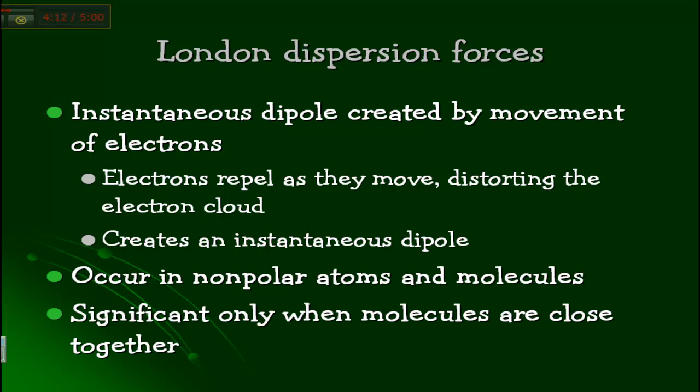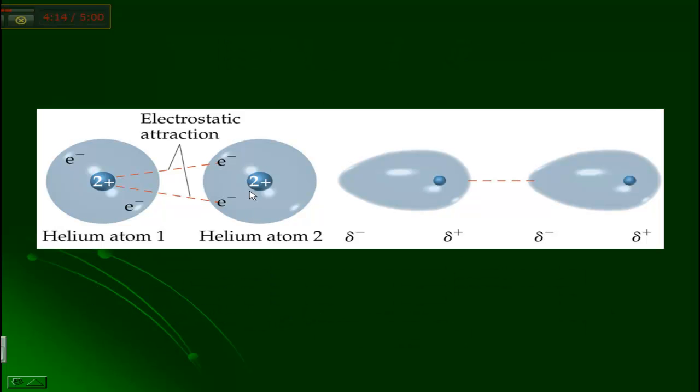For example, here we have two helium atoms. There's not much attraction between normal helium atoms until they get closer together. Then the electrons of one helium atom are attracted to the protons of another, and it distorts the shape and creates a dipole moment, which means you're going to have a positively charged area here and a negatively charged area here.